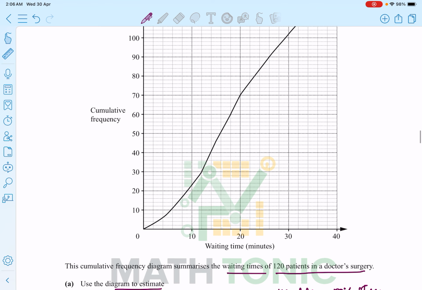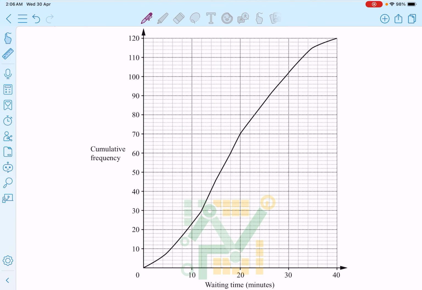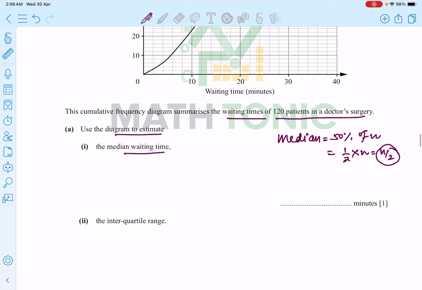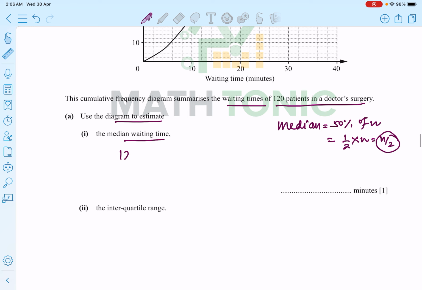If you see this graph, the cumulative frequency is given on the y-axis, and waiting time is given on the x-axis. N is given as 120, so median means 120 over 2. That means the 60th value, not 60. Be careful.